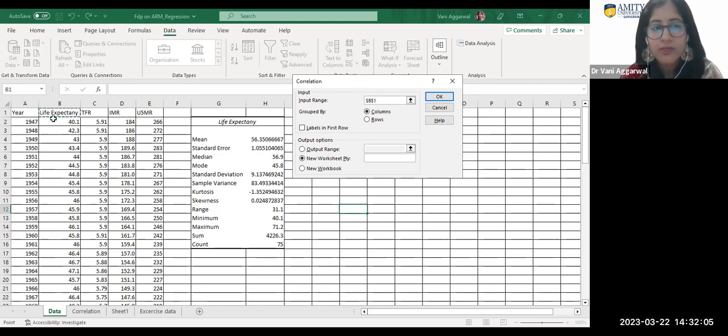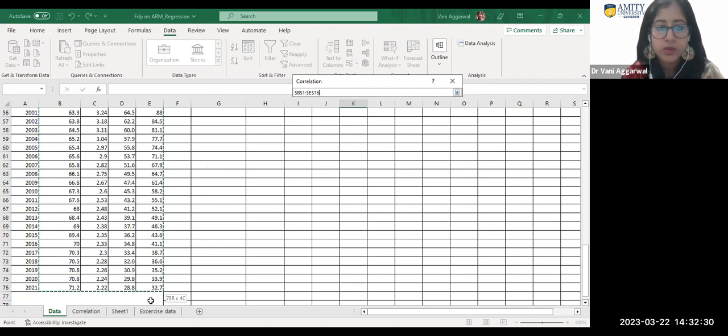I will select with labels, because here the labels are written in the first row. If labels are not there in any of the tabs, then do not select labels, and select only data points. But here the labels are given, so I'm selecting all these variables.